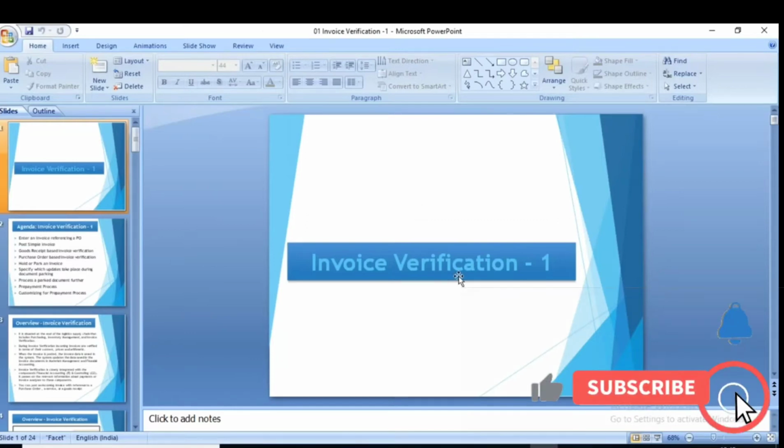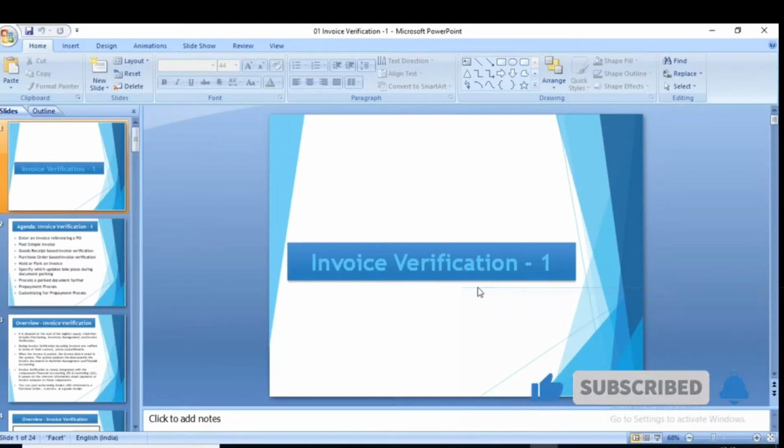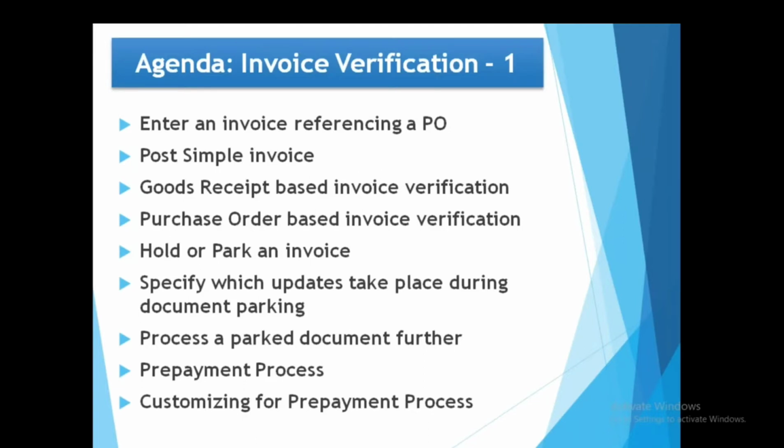So today we will be starting our next topic, that is invoice verification part 1. The topics that we are going to cover in invoice verification part 1 are: enter an invoice referencing a purchase order, post a simple invoice, goods receipt based invoice verification, purchase order based invoice verification, hold or park an invoice, specify which updates take place during document parking, process a parked document further, prepayment process, and customizing for prepayment process.